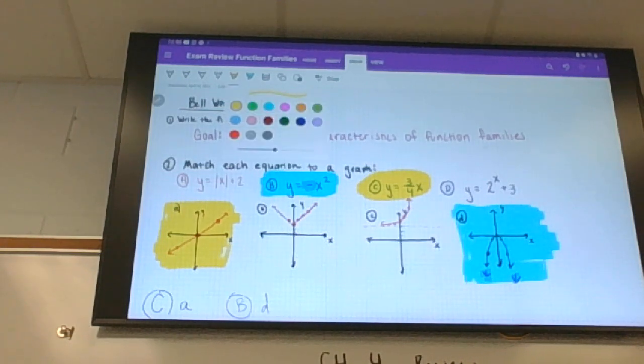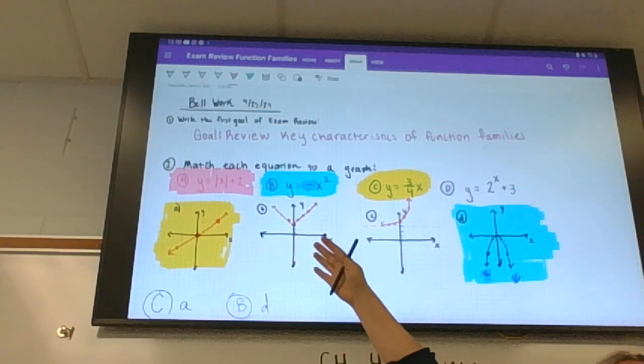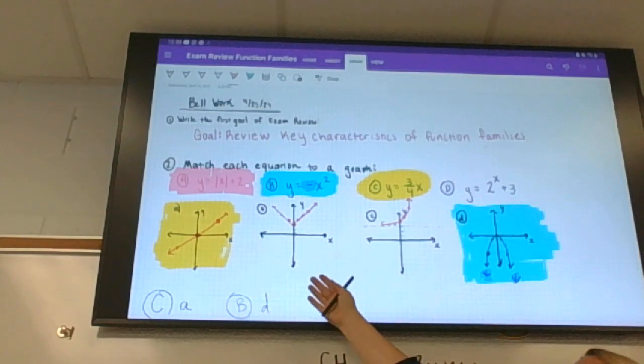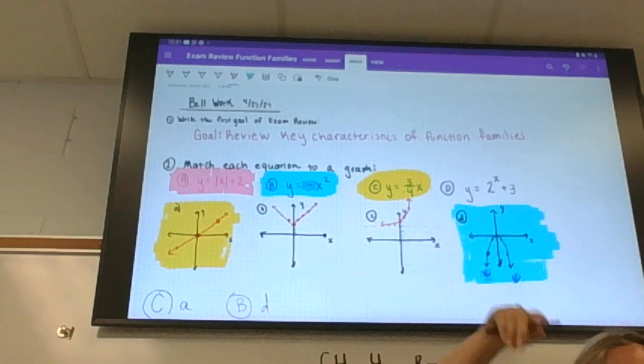Let's go with pink next. Hopefully it doesn't make the writing disappear. All right, we have 2 left to pick. Which one might be absolute value of x plus 2? Jules, why'd you guess B? Think about it. Your brain told you the right answer, but why? Because it starts at 2.